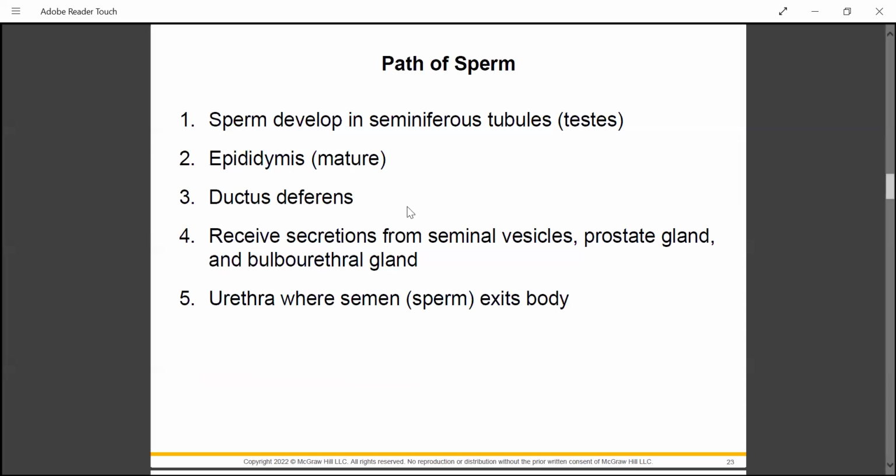The ductus deferens, or vas deferens, is how the sperm is going to get to the seminal vesicle from the epididymis. So the seminal vesicle is going to receive other secretions from the prostate and bulbourethral glands. That's going to eventually join with the ejaculatory duct at the prostate gland, and that joins with the urethra where semen is going to be ejected, or ejaculated, from the body.